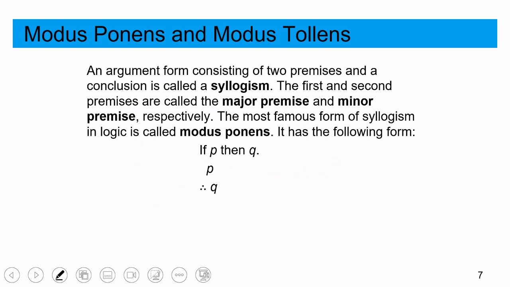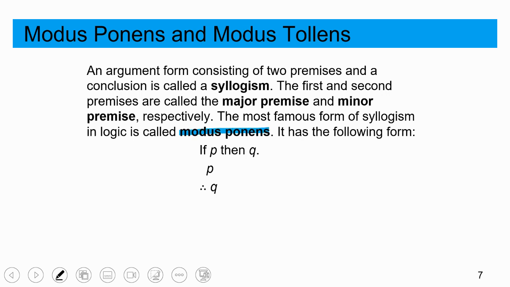An argument form consisting of two premises and a conclusion is called a syllogism. The first and second premises are called the major premise and the minor premise, respectively. And the most famous form of syllogism is called modus ponens.